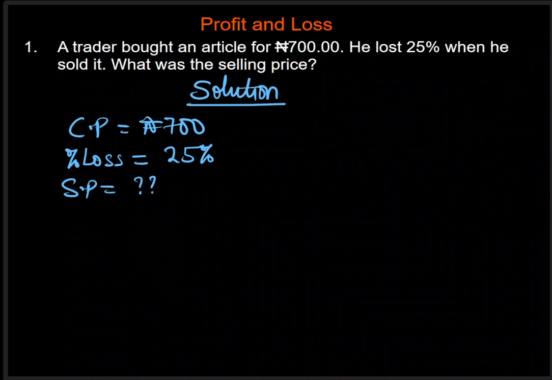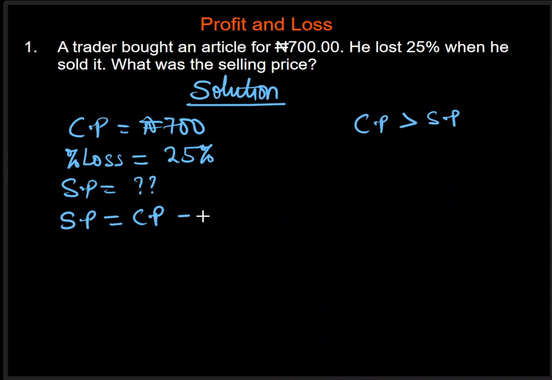When we have a case of loss, we must take note: in the case of loss, cost price is bigger than the selling price. So our selling price will be equal to the cost price, since cost price is the bigger one, minus our loss.